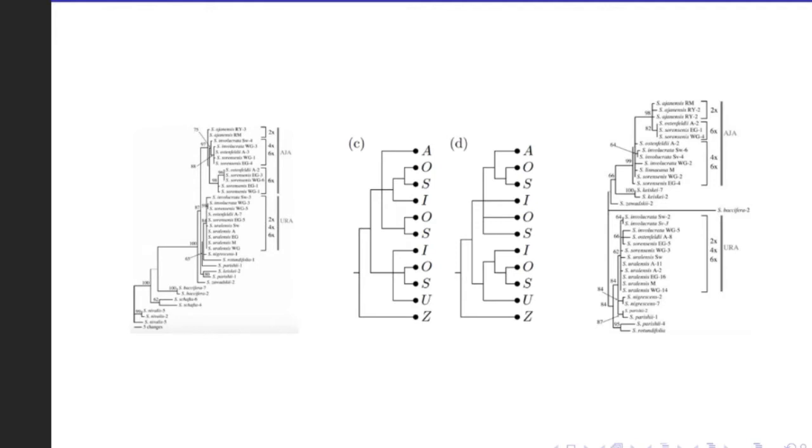In the middle, you see simplifications of both trees, where the tree in C is a simplification of my tree on the left, and the tree in D is a simplification of my tree on the right. It should be noted that neither the tree in C nor the tree in D is a phylogenetic tree because, for example, the tree in C uses the leaf label S more than once, and the same holds for the tree in D.